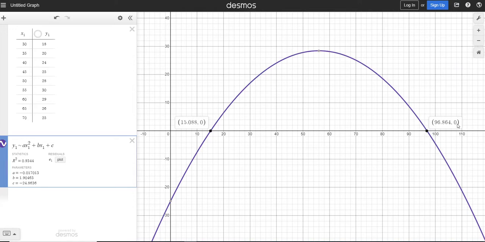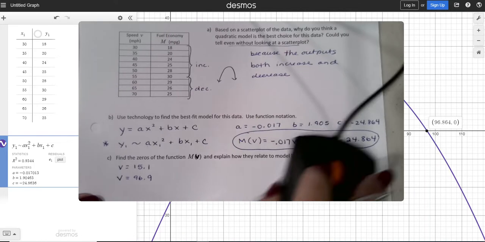The outputs are the zeros. So this is really saying that if you go 15.1 miles per hour, you get 0 miles to the gallon. And the same if you're going about 97 miles per hour. Clearly that's model breakdown. You have to get at least some miles to the gallon. So that certainly relates to our model breakdown idea, but let's explain that.